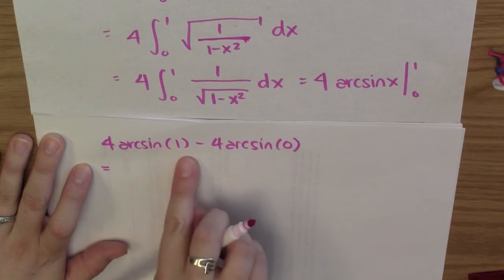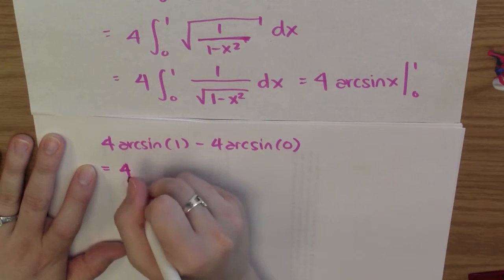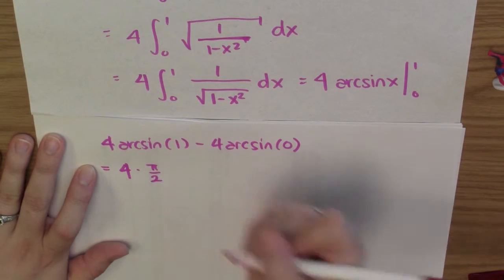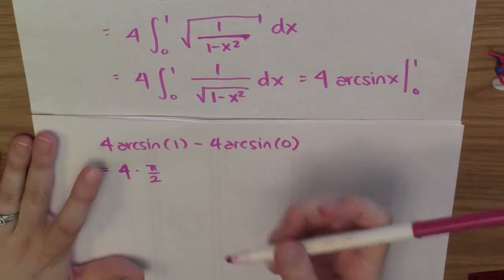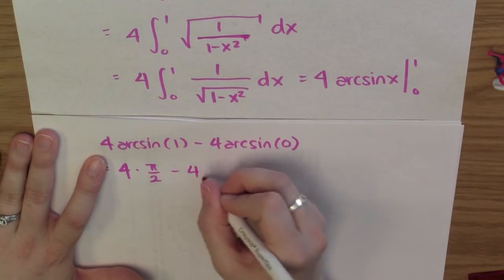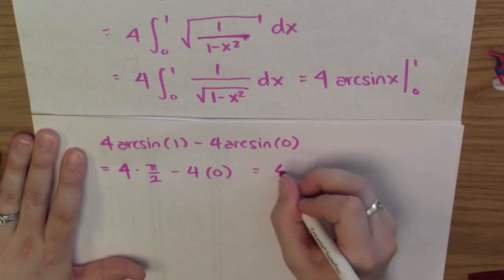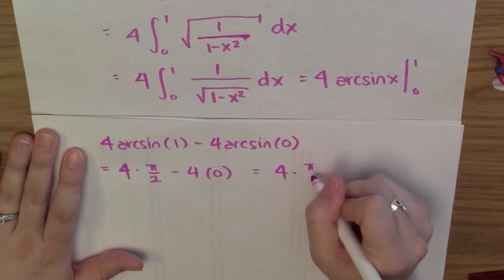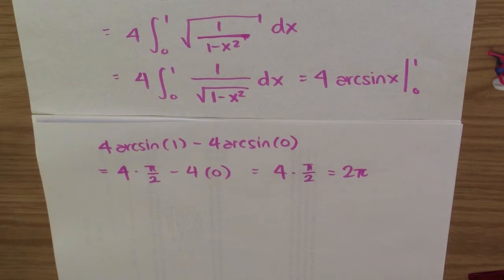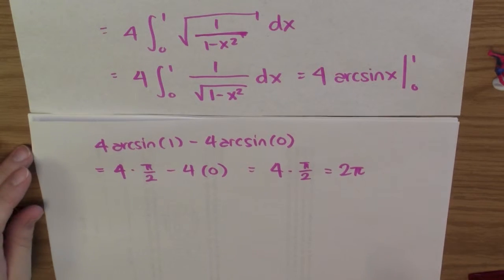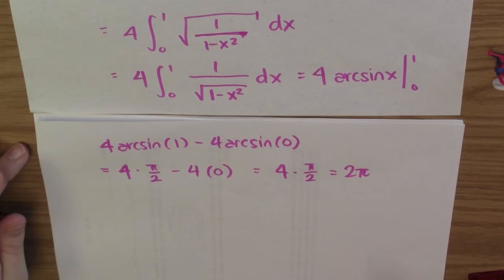The arcsine of 1 is pi over 2, so I get 4 times pi over 2. And the arcsine of 0, well, the sine of 0 is 0, so the arcsine of 0 is also 0. So I have 4 times 0, which means the answer I'm getting is 4 times pi over 2, also known as 2 pi. And lo and behold, that's exactly what I expect to get when I calculate the circumference of a circle with radius 1.